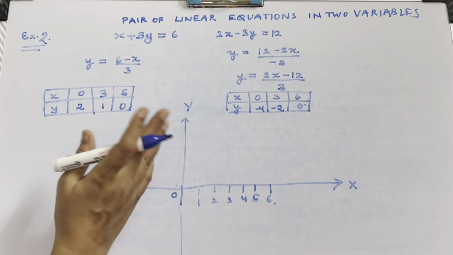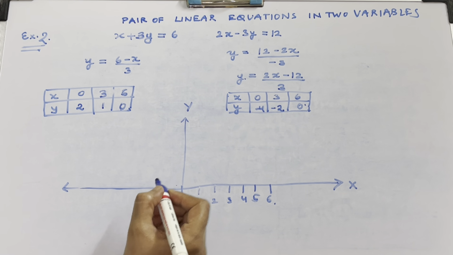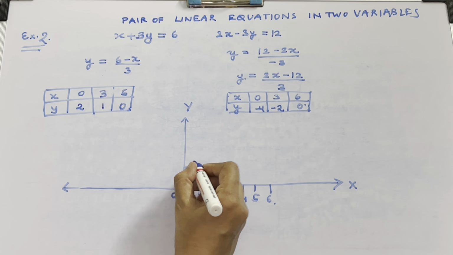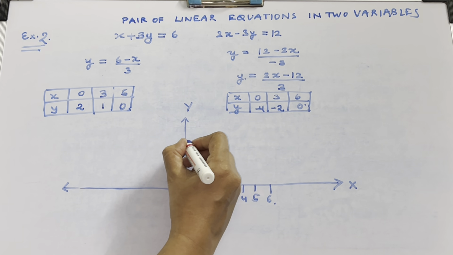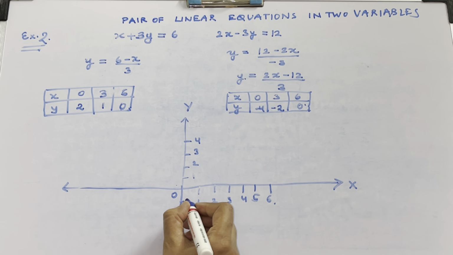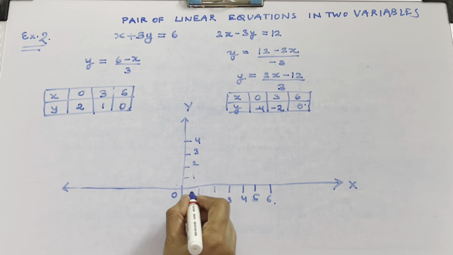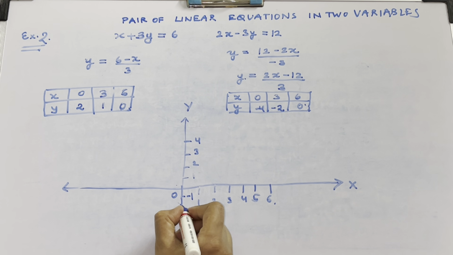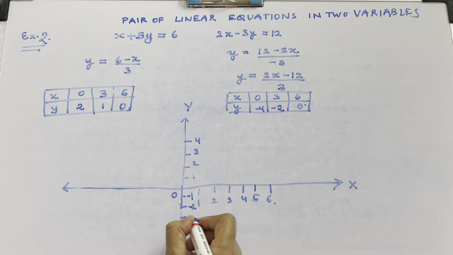And y, we have both negative as well as positive. So 1, 2, 3, 4, and here we require minus 1, then minus 2, minus 3, minus 4, minus 5.